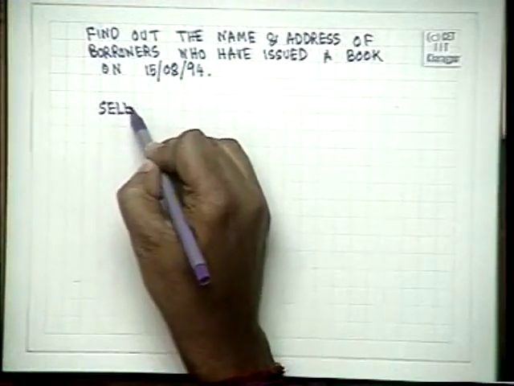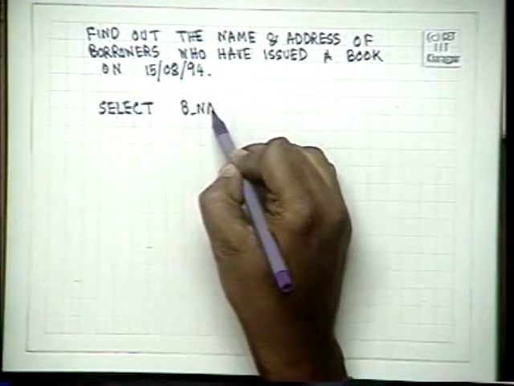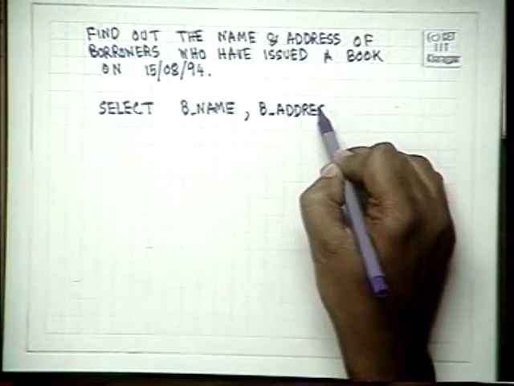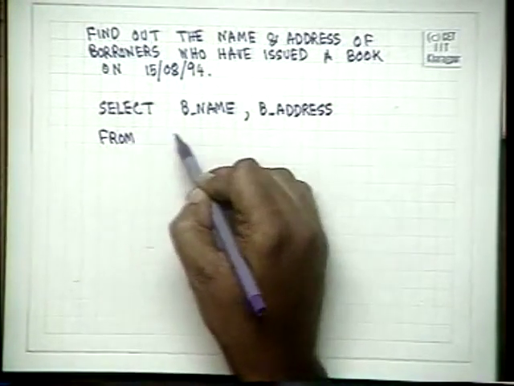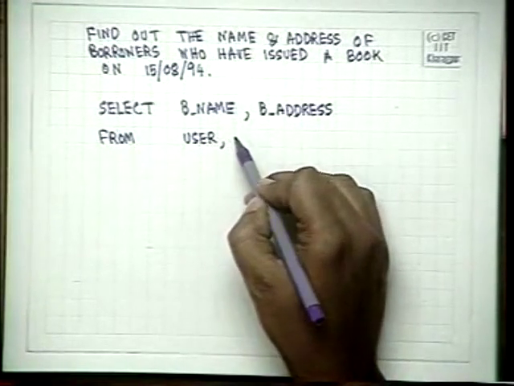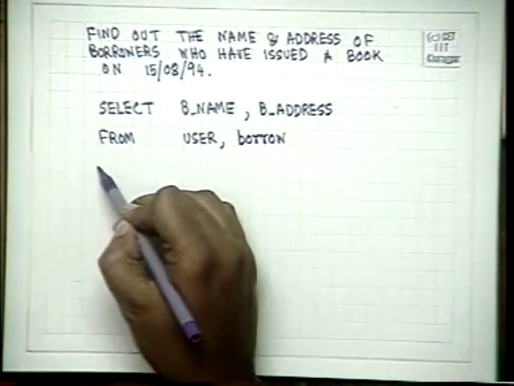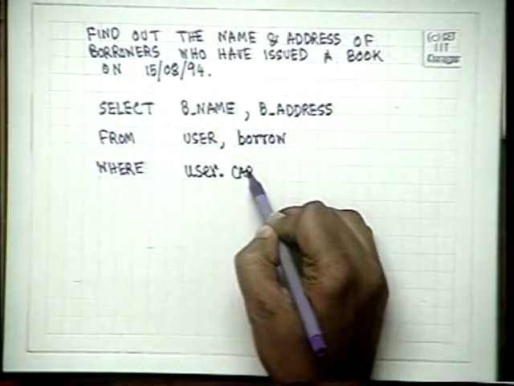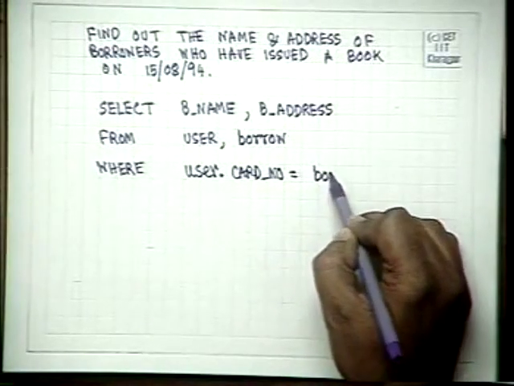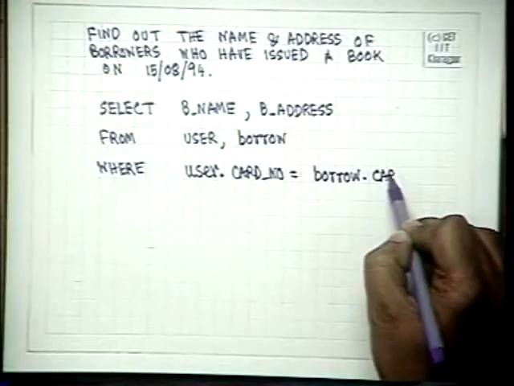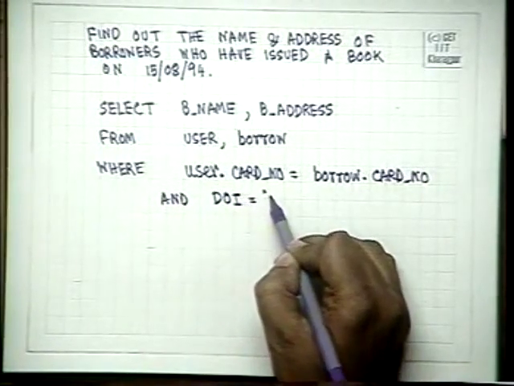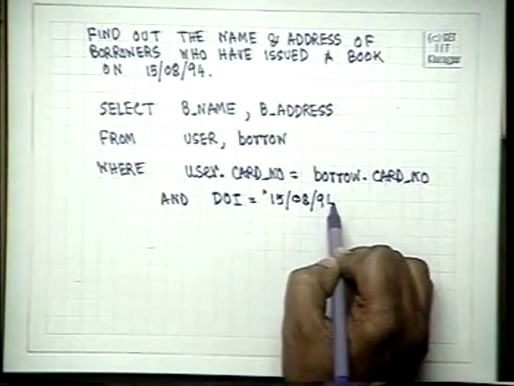So a direct solution to this problem would be: select B name, B address from user, borrow where user dot card number equal to borrow dot card number and date of issue is equal to, it is a simple query.